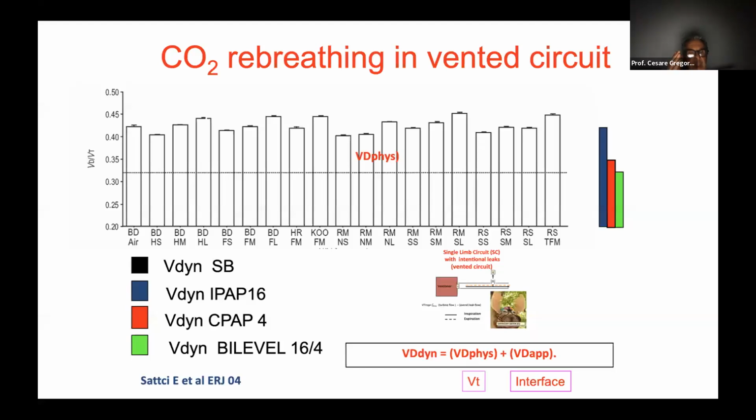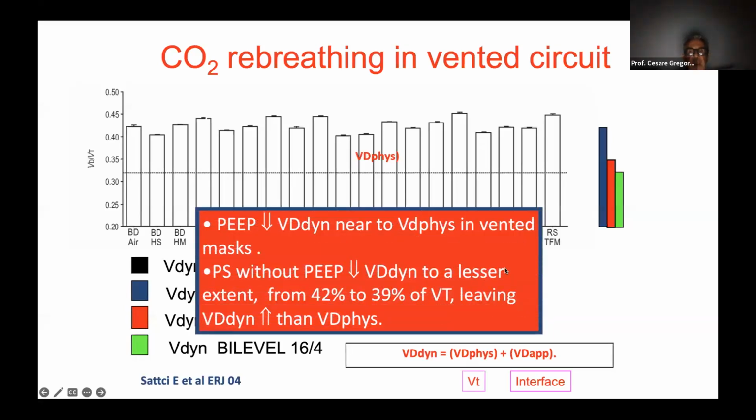Then they applied IPAP pressure support 16, IPAP 16. They applied CPAP 4, and both conditions. Interestingly, they were able to demonstrate that PEEP, EPAP decrease the dynamic dead space near to the physiological dead space in vented masks, while using just IPAP without EPAP was able to decrease dynamic dead space to a lesser extent.